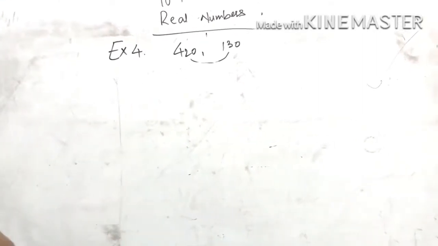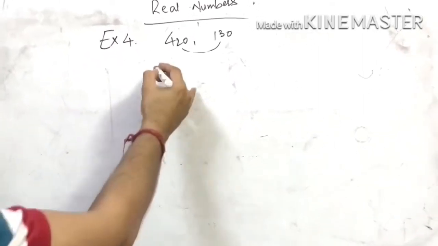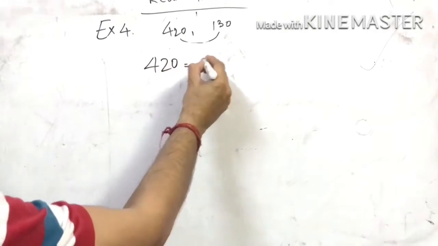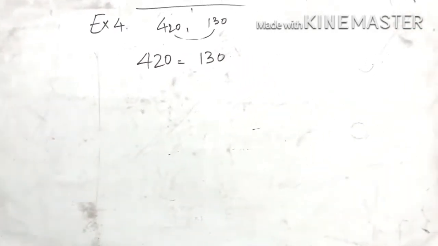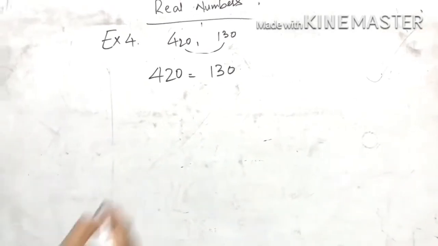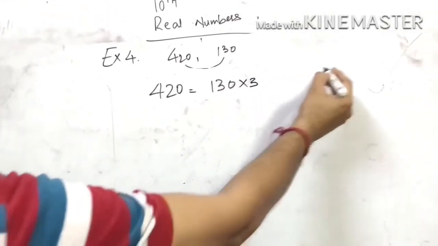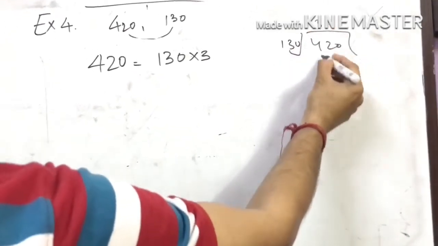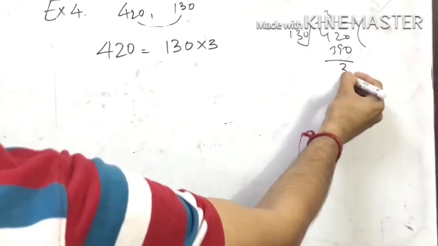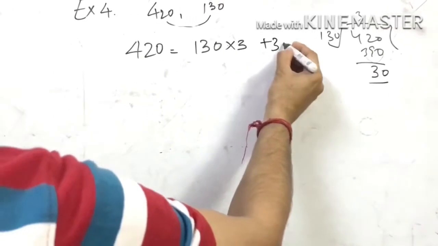Between these two, which number is bigger? You know, 420 is bigger. So this will be a, this will be b. By which number will you multiply b so that it is closer to 420, and what will be the remainder? You can do it like this: 420, 130. So what you get here will be the remainder.